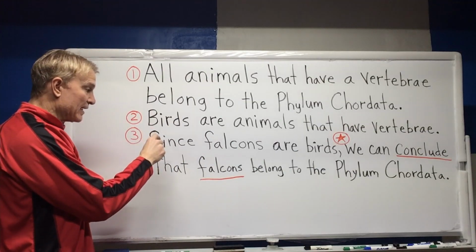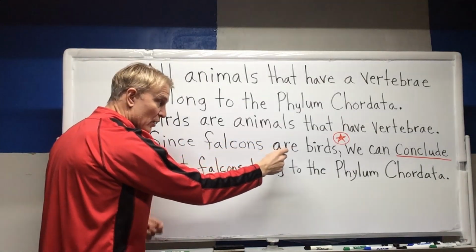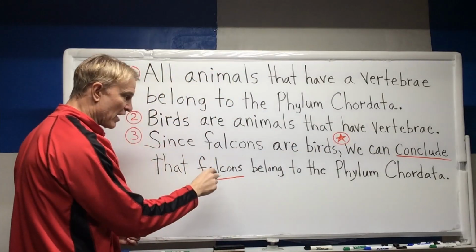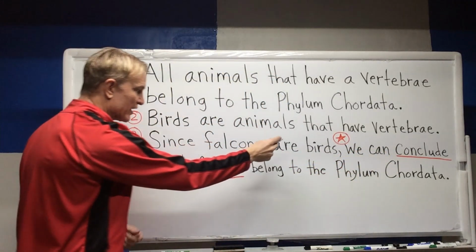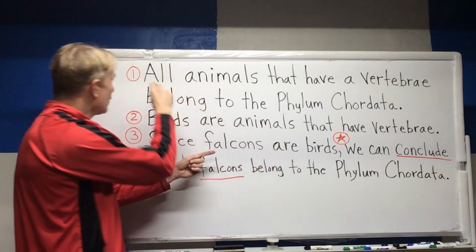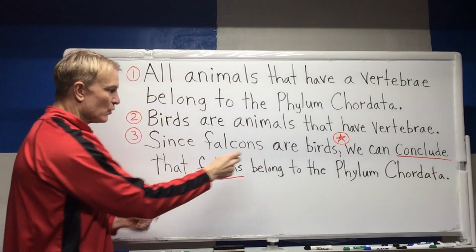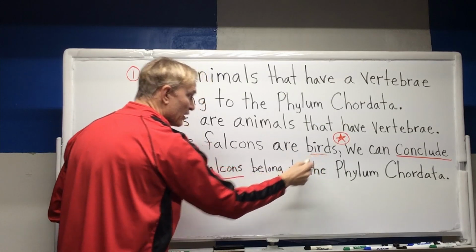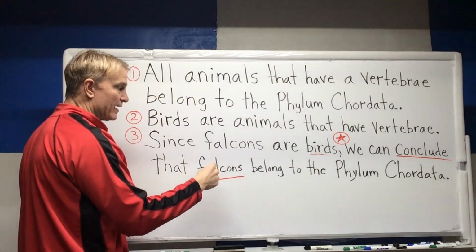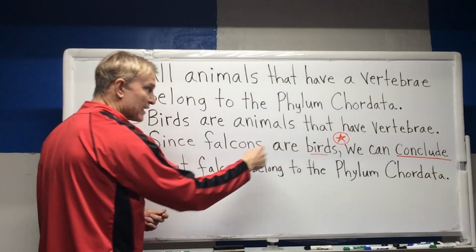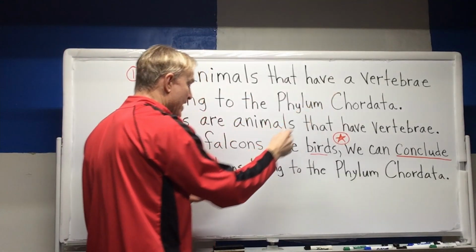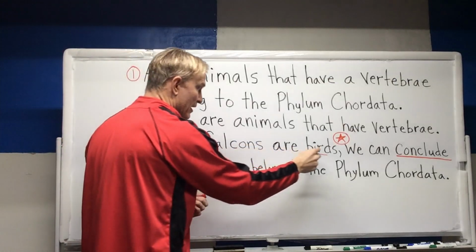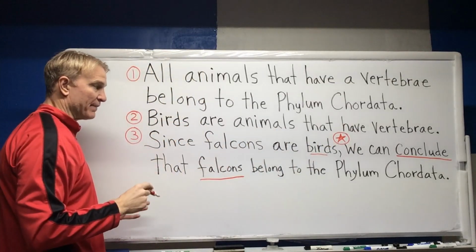Finally, we say, since falcons are birds, we can conclude that falcons belong to the phylum Chordata. All right, so now we know falcons are birds, but without statement 1 up here, we don't know that the birds have a vertebrae. We do know falcons are birds, but we need to know that falcons have a vertebrae or birds have a vertebrae, and there's nothing mentioned about the vertebrae in statement 3.